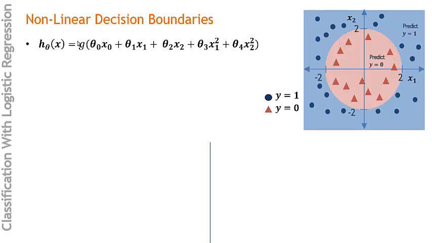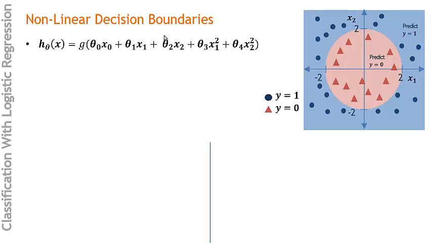If we have a probability model that depends on this quadratic function, I can find coefficients theta 0, theta 1 up to theta 4 such that this function, theta 0 x0 plus dot dot dot plus theta 4 x2 squared equals 0 corresponds to this circle.